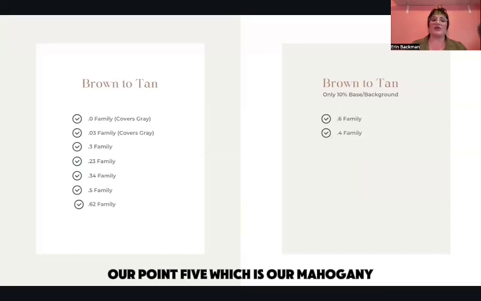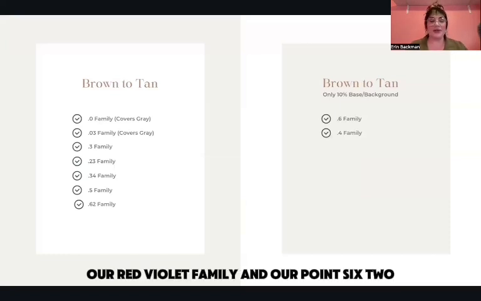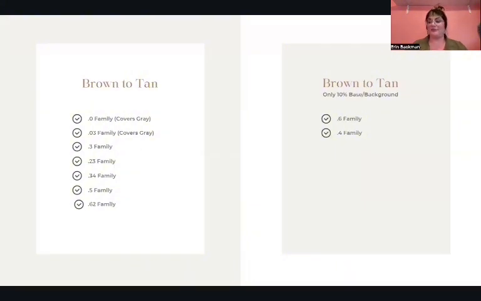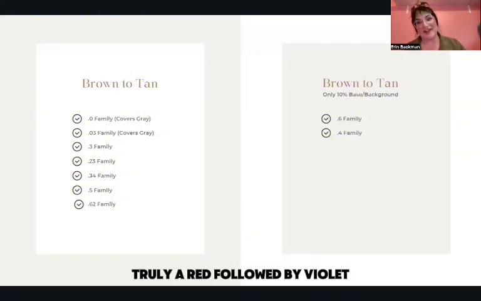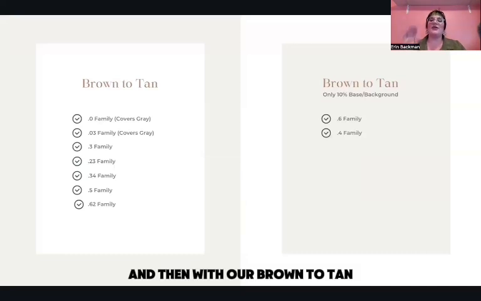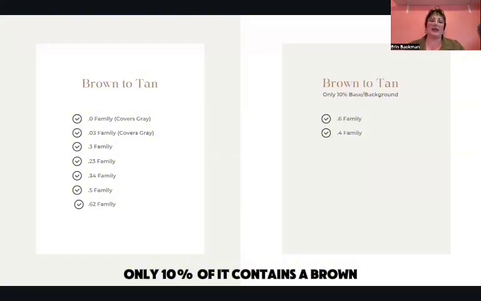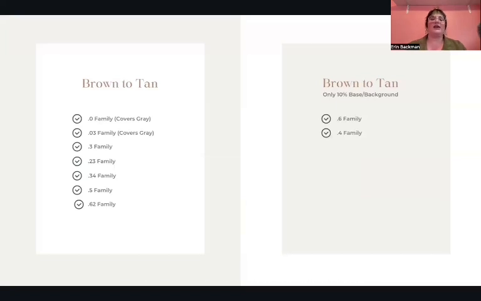Our 0.5, which is our mahogany or red violet family, and our 0.62, which is our red violet family. Truly a red followed by a violet. And then with our brown to tan with only 10% base or background, so only 10% of it contains a brown, is going to be our 0.6 or the red family, or the 0.4, the copper family.